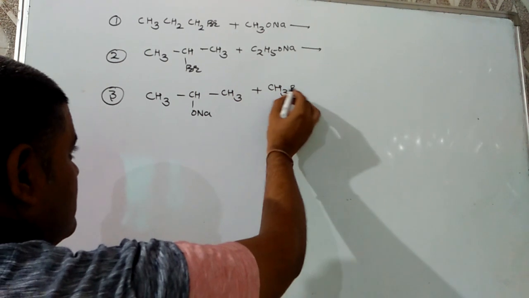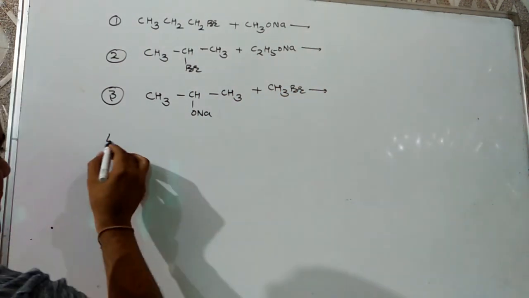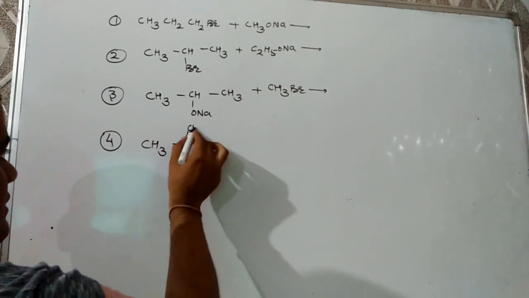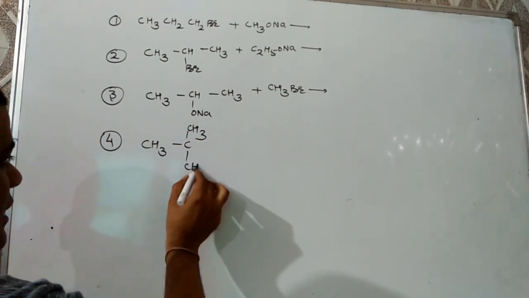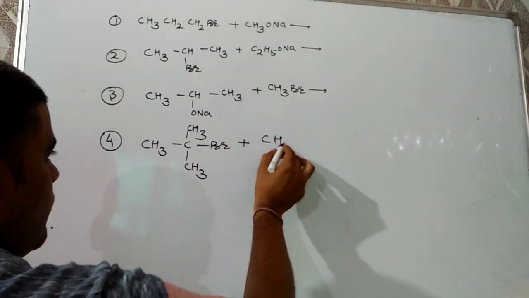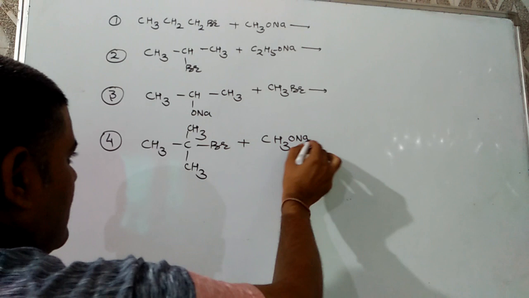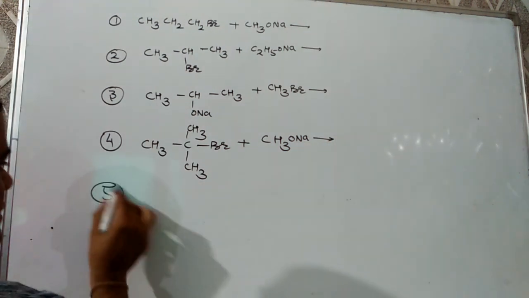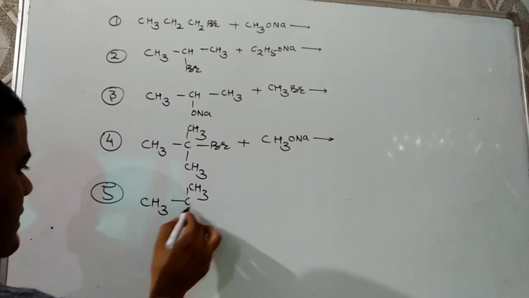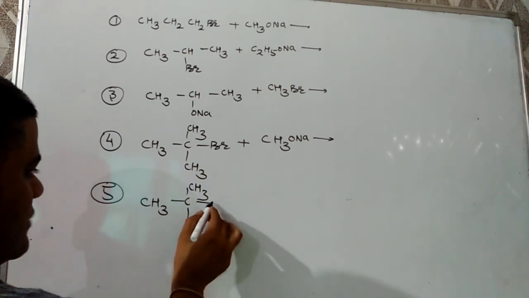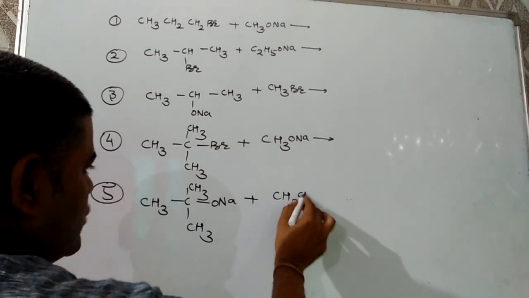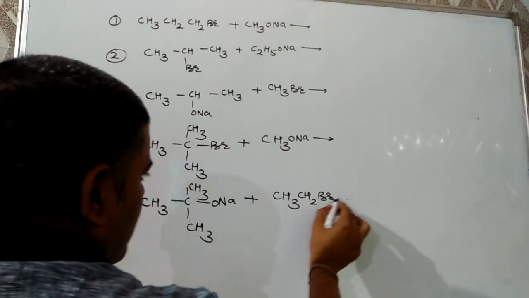Next: CH3Br plus CH3ONa. And the last case: sodium tertiary butoxide, (CH3)3CONa, plus CH3CH2Br. What are the products formed?